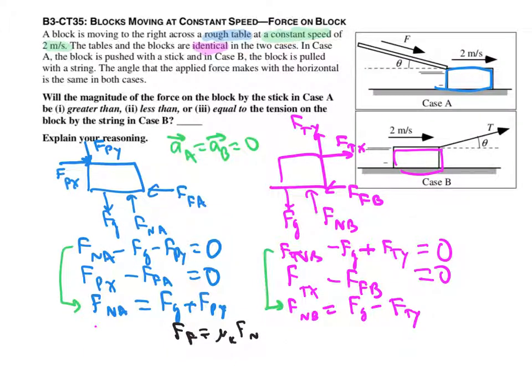And so we sort of have a chain of events that are coming out where we can say that FNA is greater than FNB, and that implies that FFA is greater than FFB.